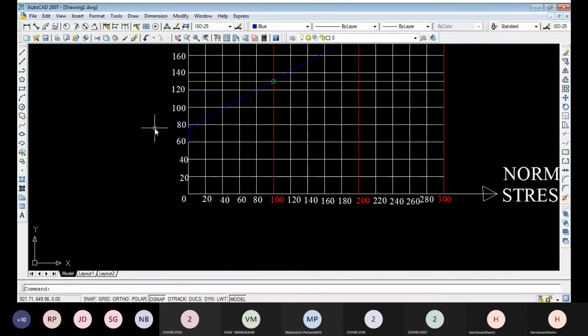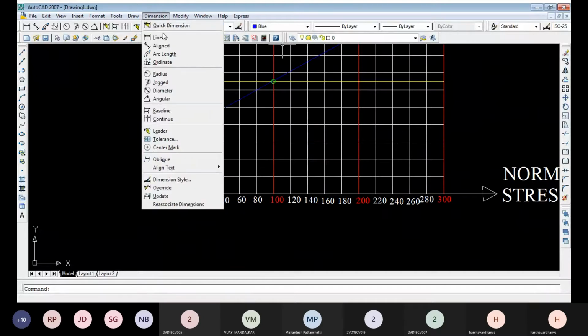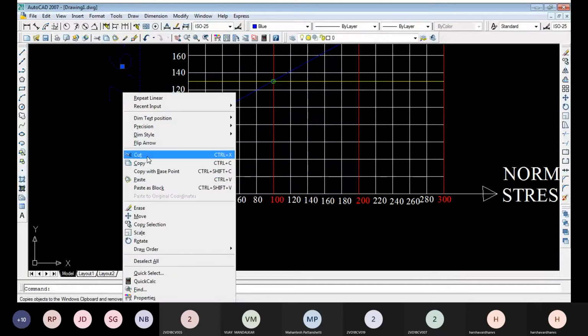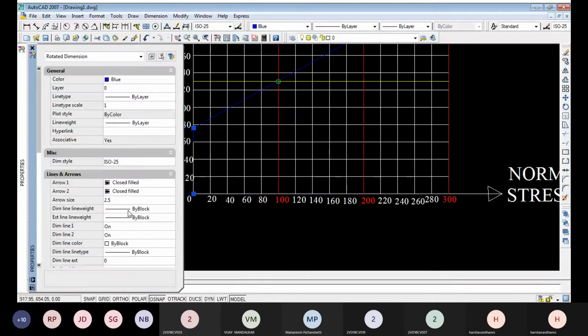So this y-intercept is from this point to this point. Let's change its values.